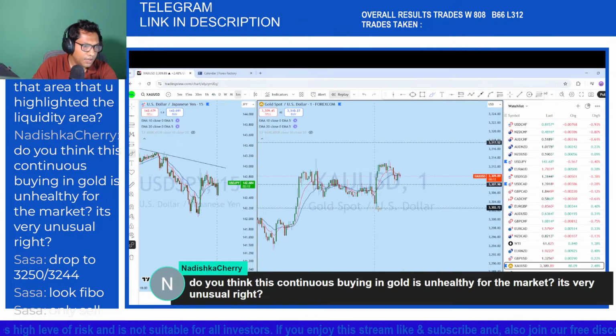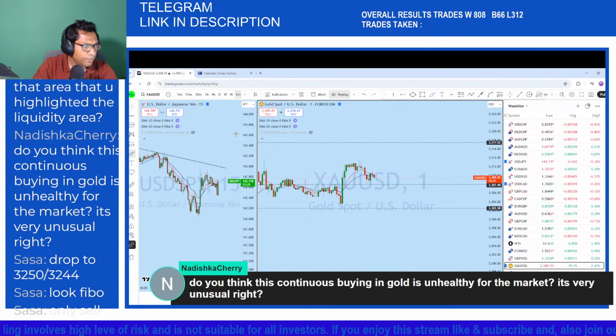With the data, we saw that there was a move, and then it started to pull back.